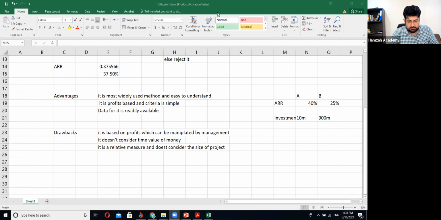Now, let us proceed further. Students, is it clear so far? Is it clear?